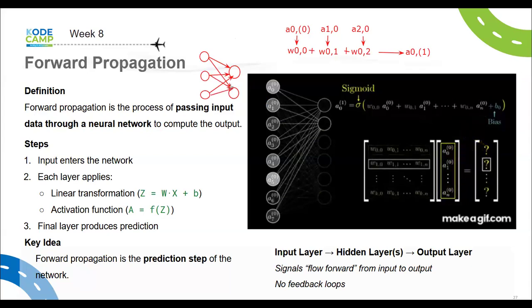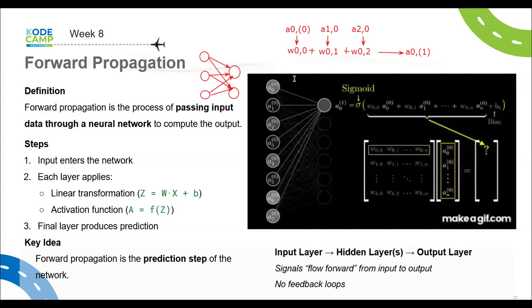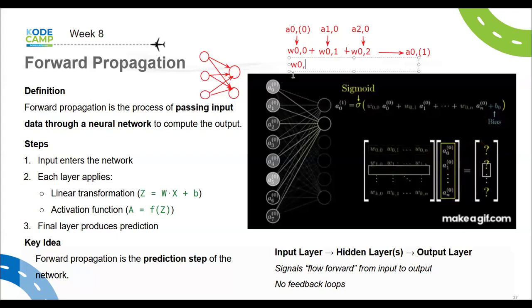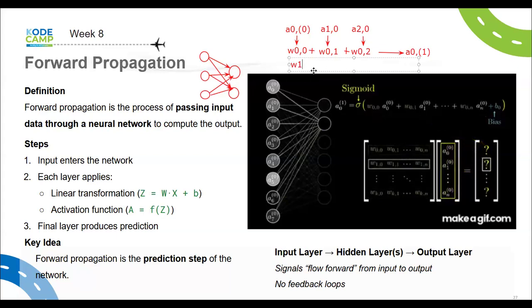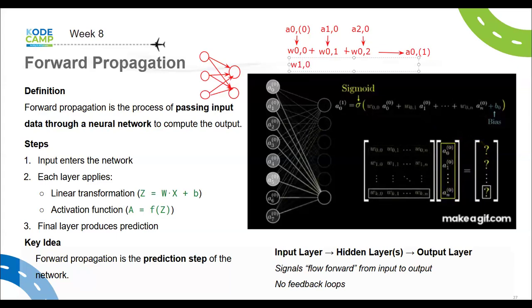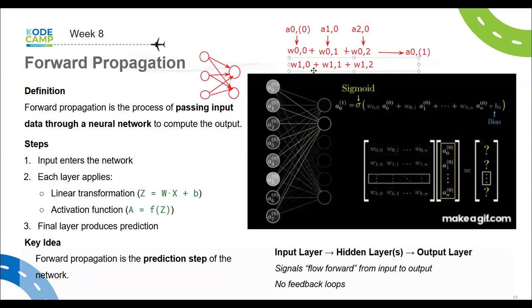So this is now going to be mapped as another set, but it will be mapped here. So you're going to have a W again, but this time W1, because the first letter always represents which neuron on the output or on the next layer. So it'll be W10 plus W11 plus W12, right?